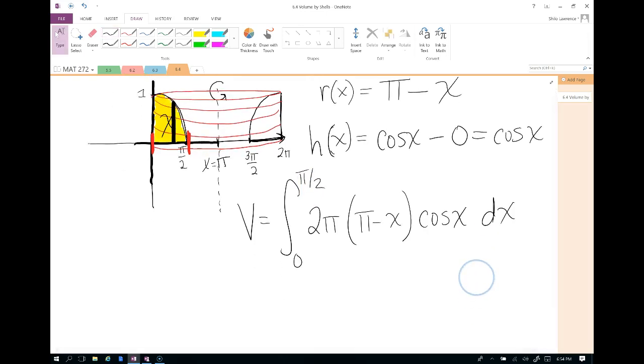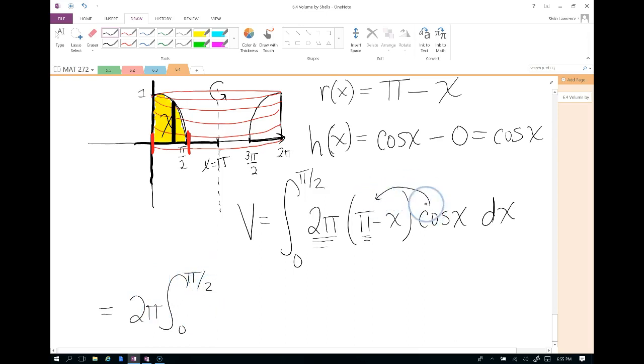Now, this is actually an integral that you probably don't know how to work by hand yet. If we pull this 2 pi out, we can't pull this one out because it's part of the pi minus x binomial that we have to distribute the cosine into. But this is not something that we have learned how to integrate yet.